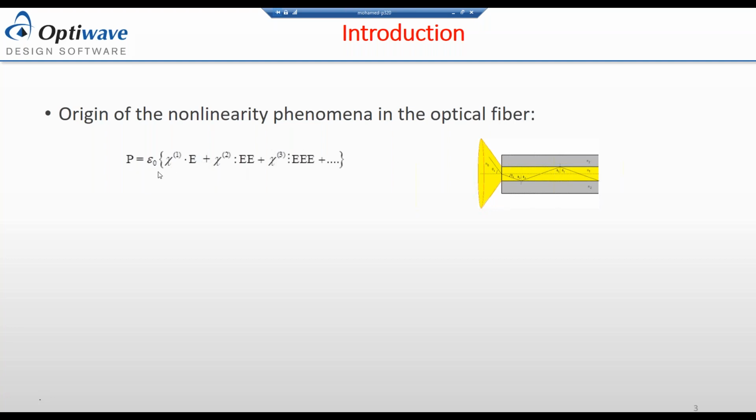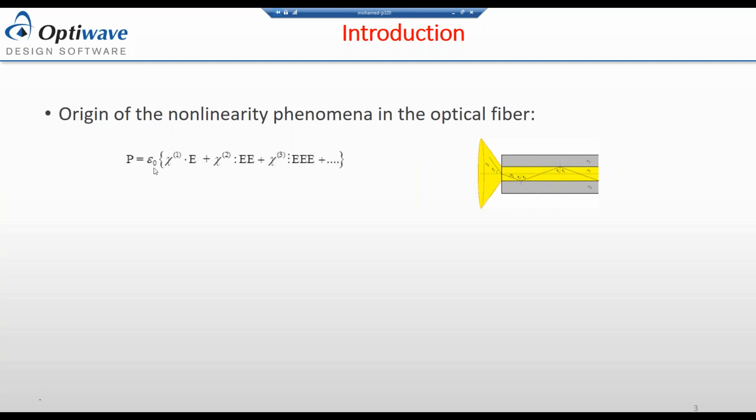The first one, the polarization is proportional to the electric field directly, then the electric field squared, the electric field cubed, and so on. The first one is the linear effect, but from chi3 onward, you will have the nonlinear effect. For optical fiber itself, let me first explain the parameters for this equation.